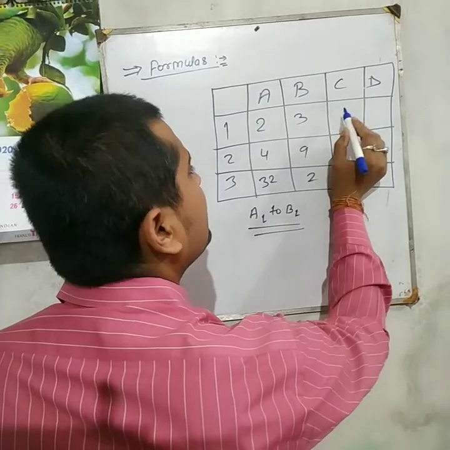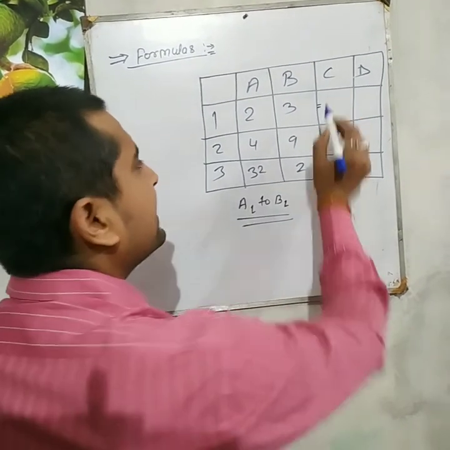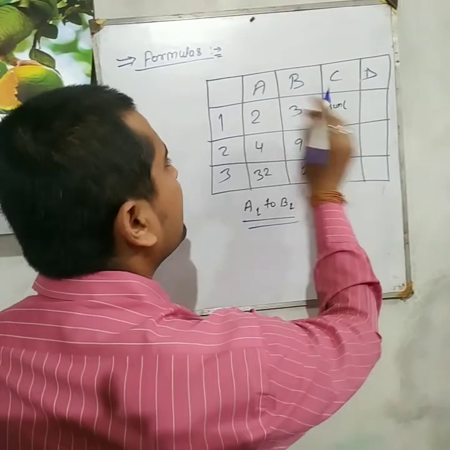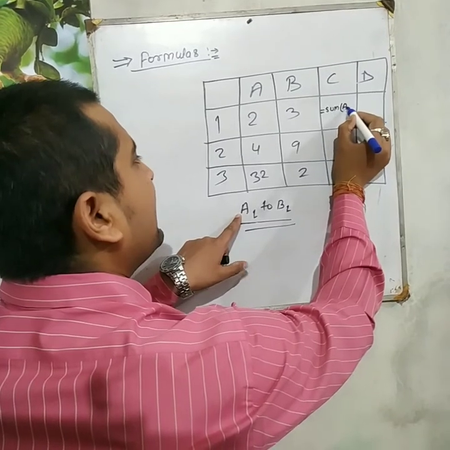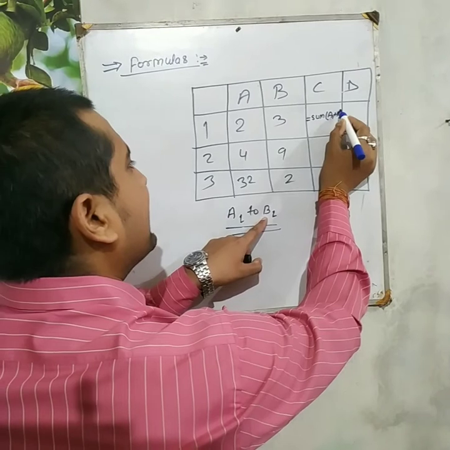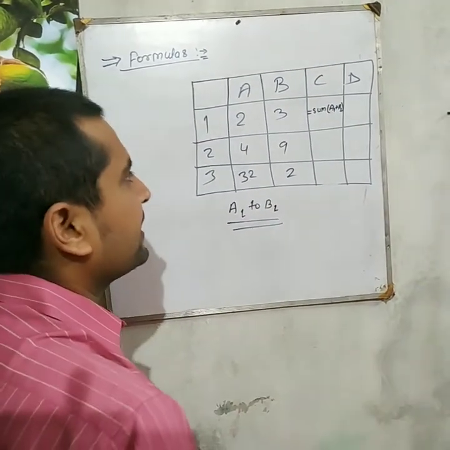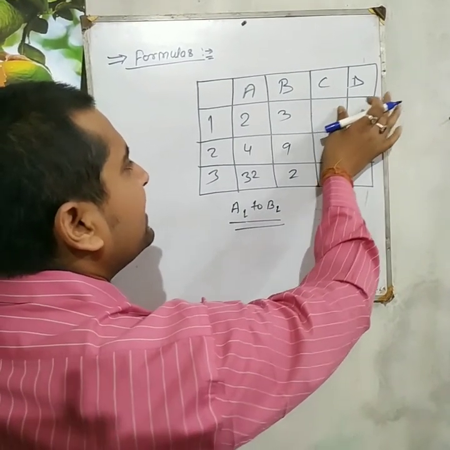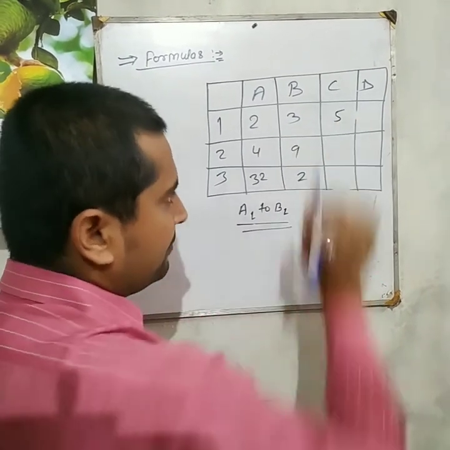Firstly, write the equal sign, then write SUM, brackets, the range of cells, A1 plus B1, close the brackets and then press the Enter key. Then what can you see on your screen? The result will appear on your screen, that is 5.